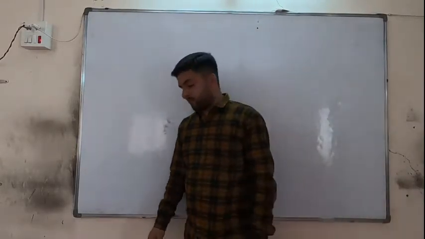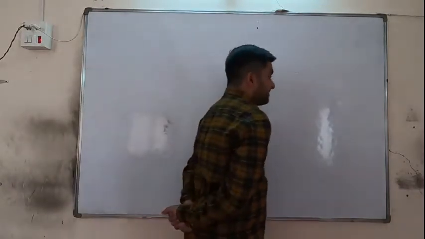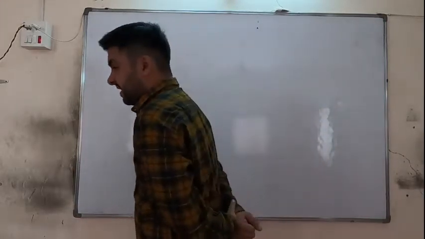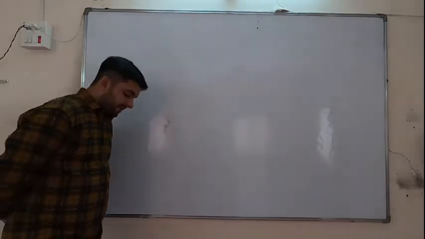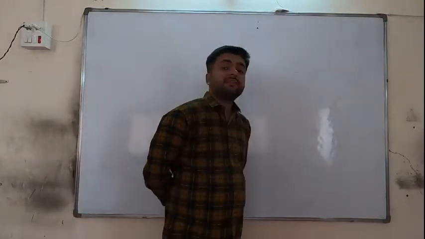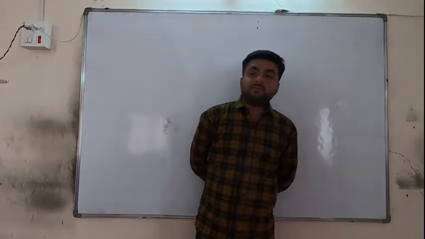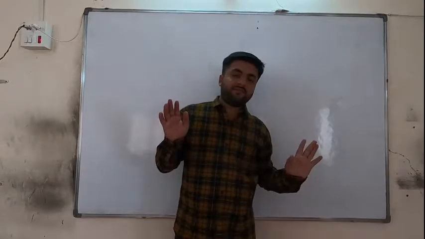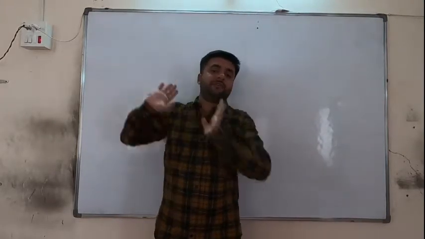The first component is a long-term component, and as I have said, the change will take so much time: 60 to 70 years, 10 to 15 years, 4 to 5 years. One thing you can understand from here is that the changes are at very long intervals. The graph will increase slowly.